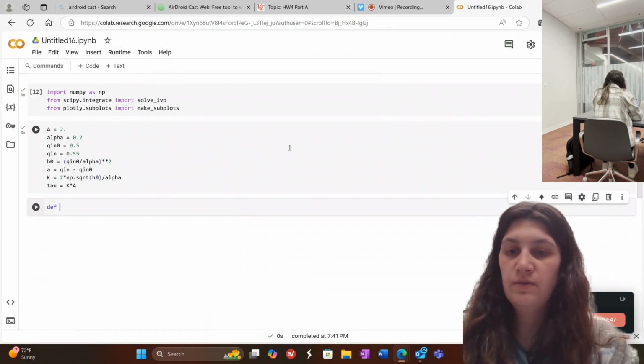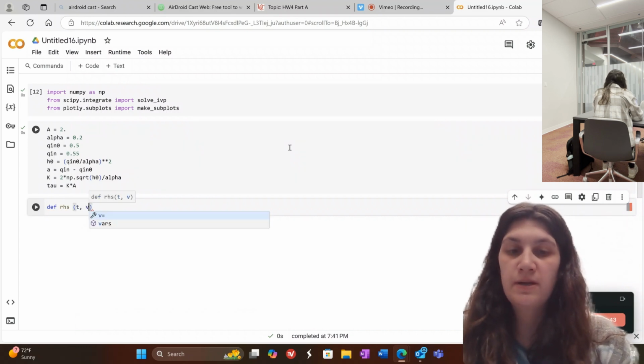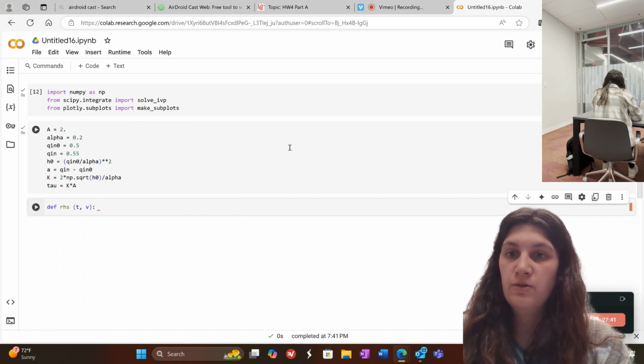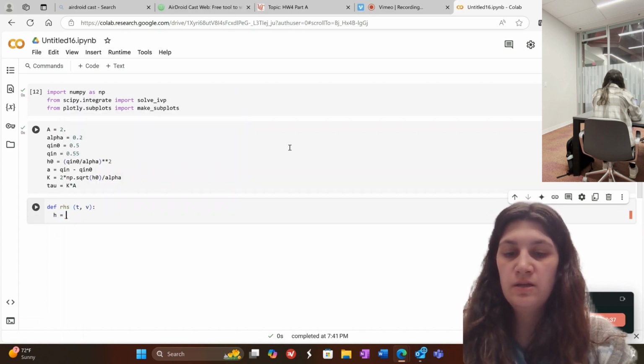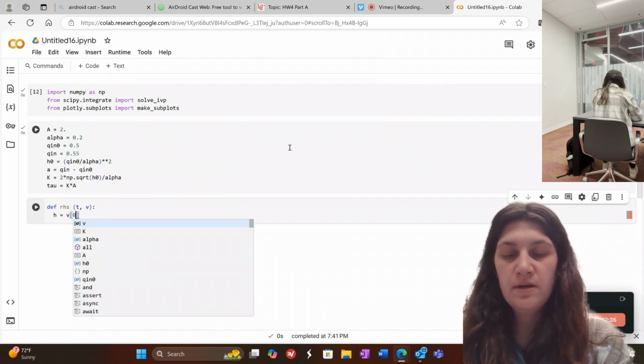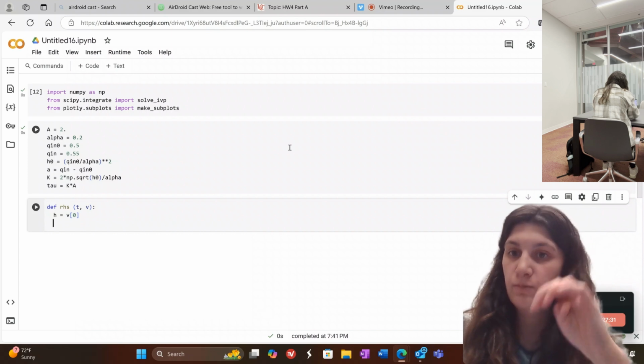Okay, now we can define our function, the right-hand side. Our independent variable is t, and our dependent variable is vector v. H is equal to v, and we're just going to put 0 because we only want that initial value.